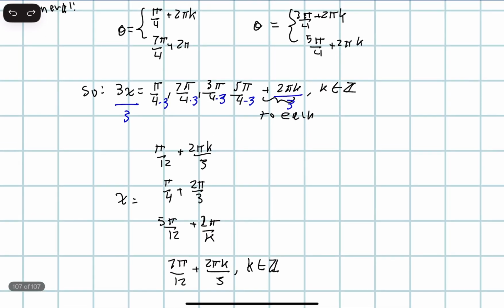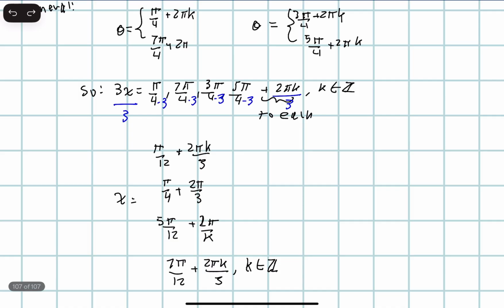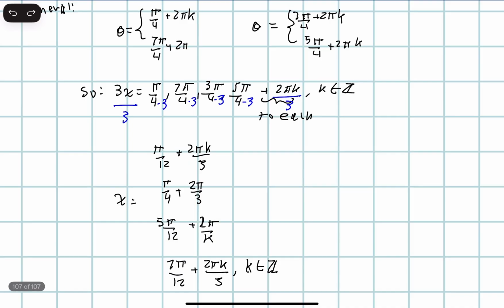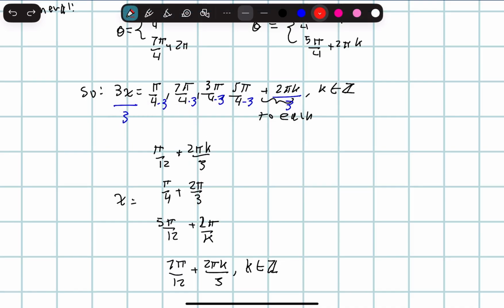Let me just double check. Pi over 4, pi over 12, pi over 5, and I am pretty sure. Oh yeah, this was 3, but that 3 canceled out.